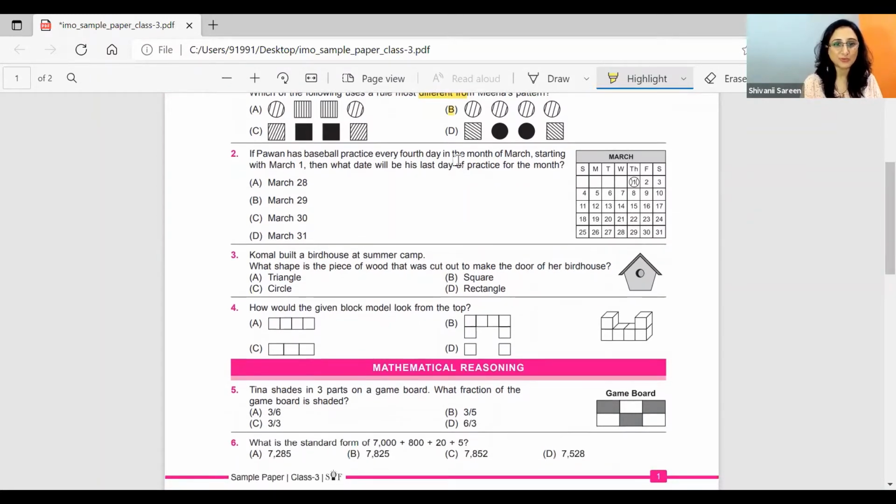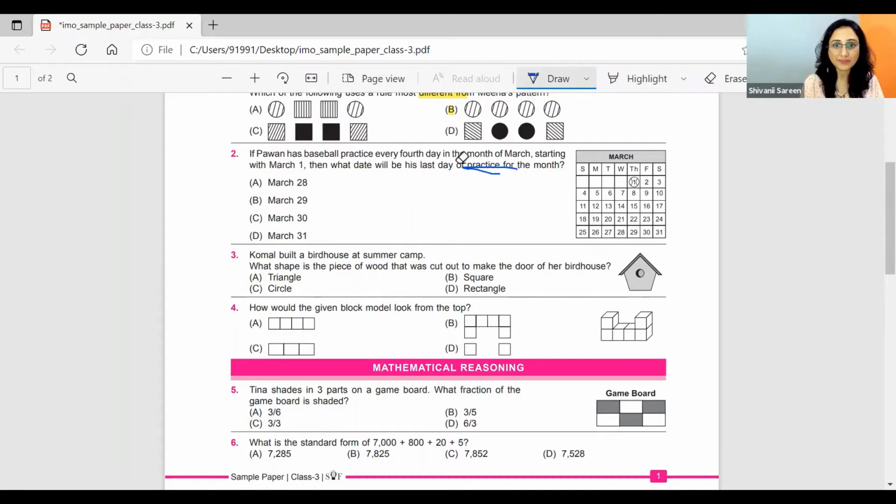Moving on to question number 2. If Pawan has baseball practice every 4th day in the month of March, starting with March 1, then what date will his last day of the practice for the month be? So now how you can solve this question quickly? Every 4th day.